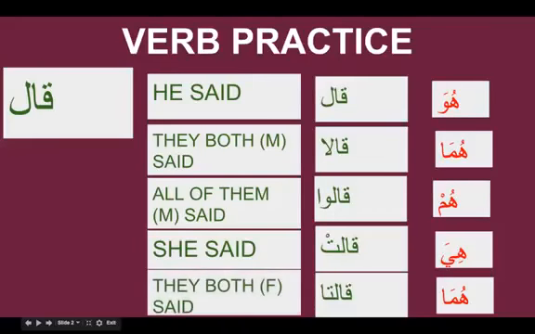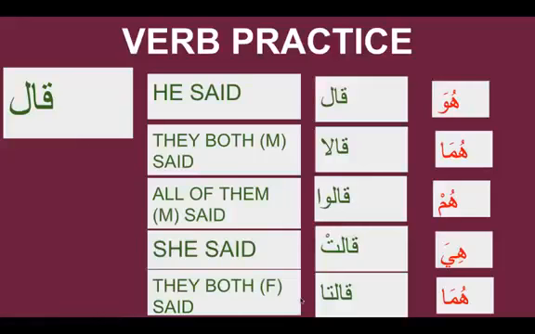They both female said. So from hunna, as we know, hunna acts in a very different way. The things will change. Inshallah, we're going to learn in book 2, which is very, very soon. We're just one chapter away from book 2, inshallah. So we'll just practice qala, huwa qala, huma qala, hum qalu, hiya qalat, she said, huma qalata.